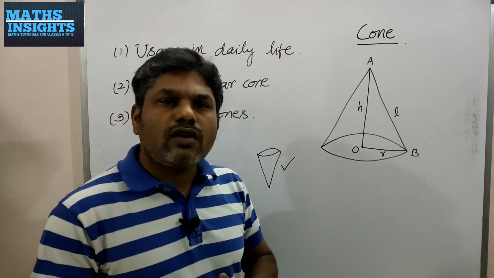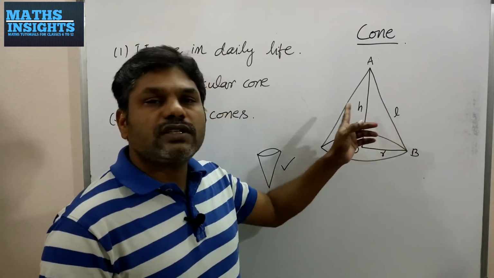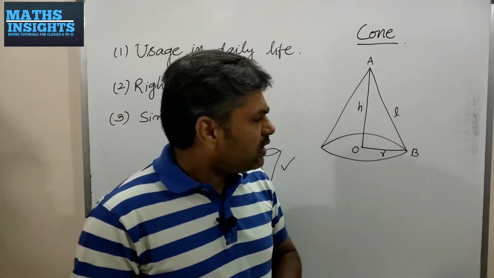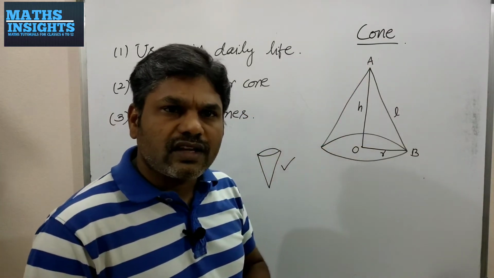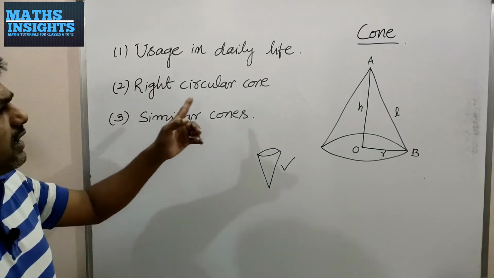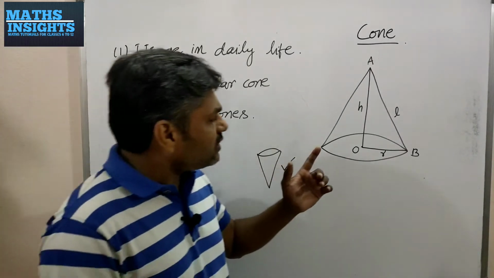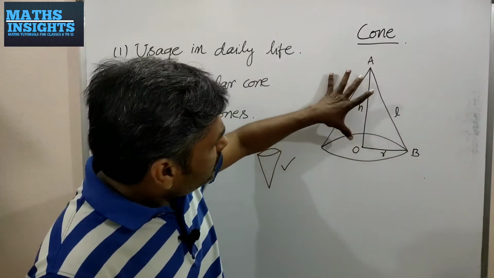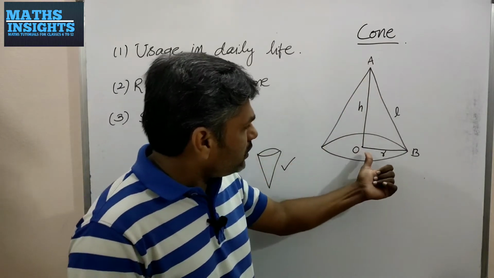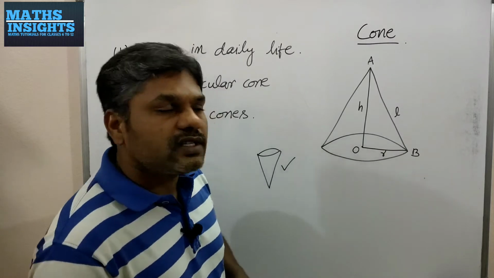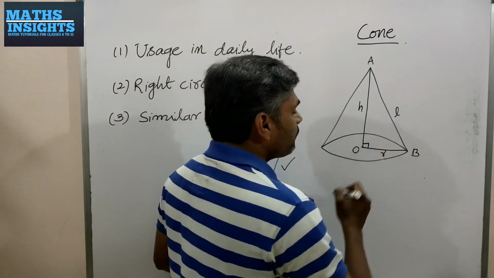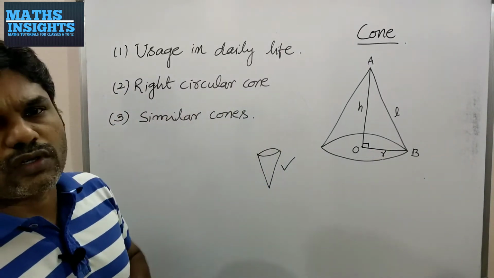And you have one relation among these three dimensions. If you observe, this is a right angle triangle. Coming to right circular cone, right circular cone means if the height is perpendicular to the radius of the circular base, then that is said to be a right circular cone.